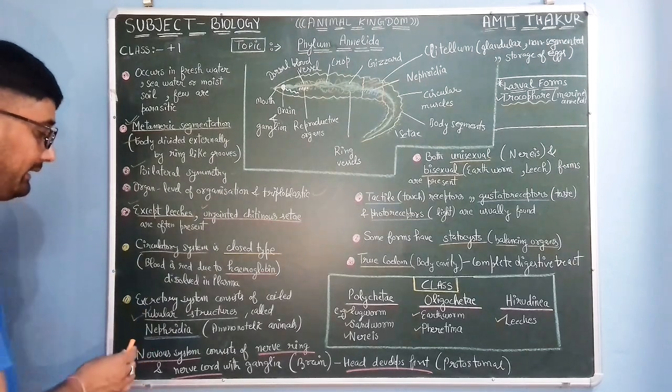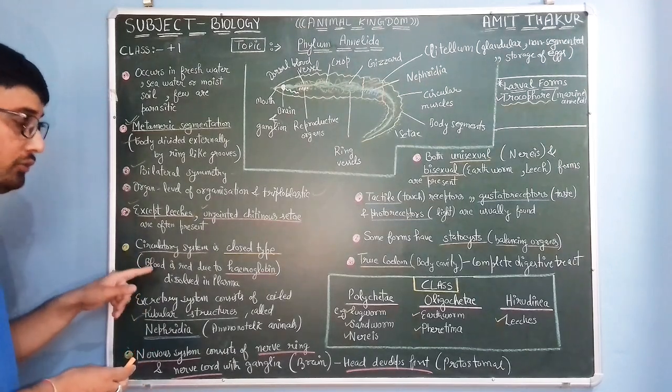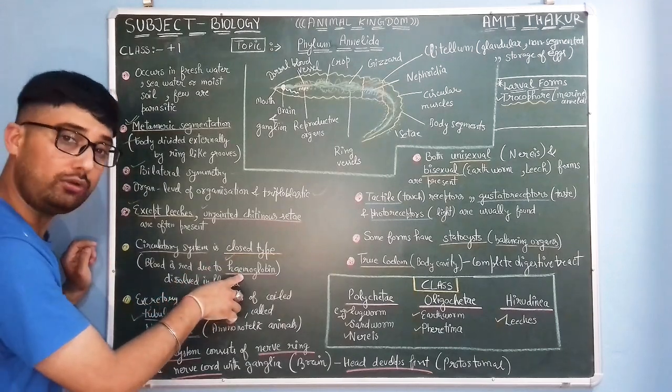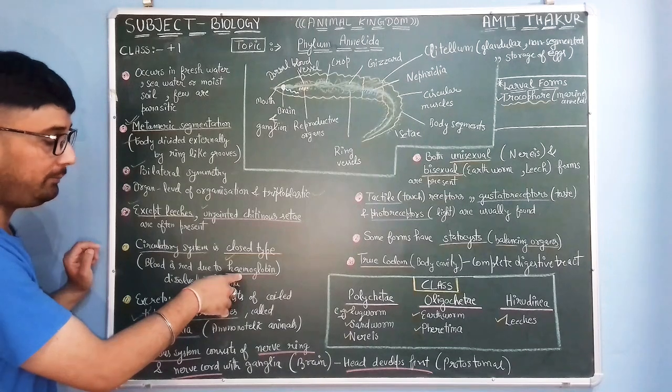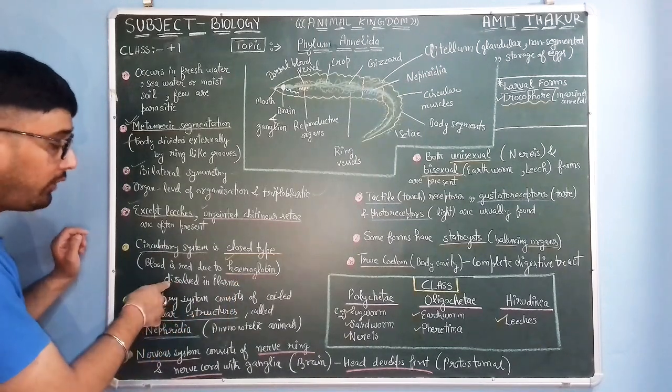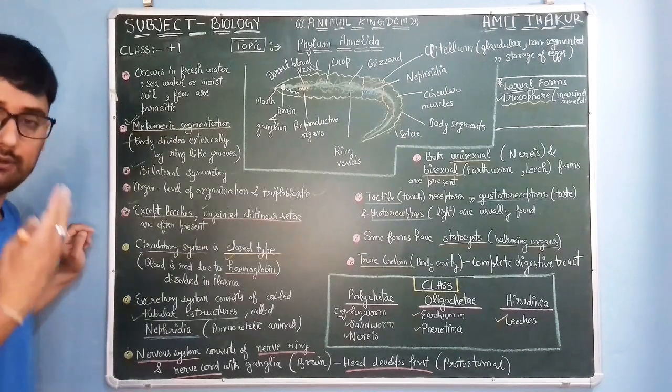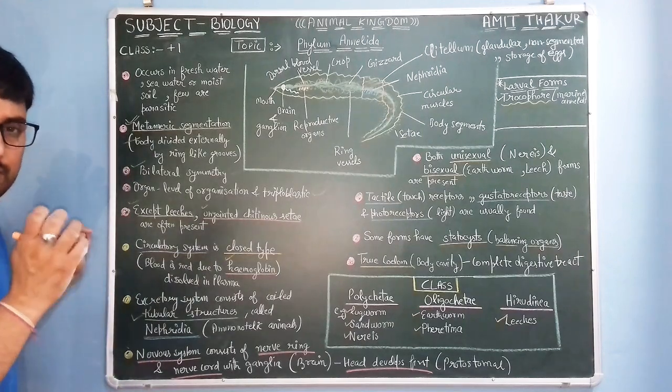Blood is red in color due to the presence of a respiratory pigment known as hemoglobin. This hemoglobin is dissolved in plasma. That's why they appear red or slightly pinkish.